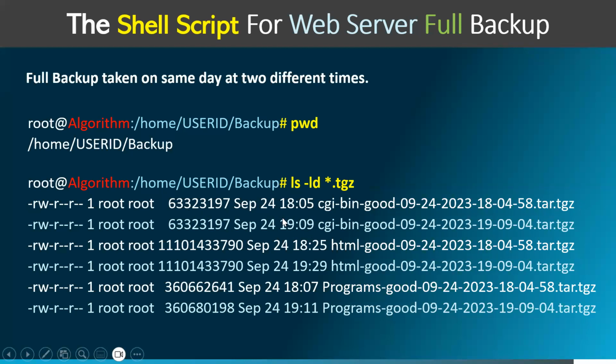The 6:05 for the cgi-bin, you can see it's the same size as the 7:09. The size is exactly the same, because I did not make any modification to any directories. And the HTML, the same thing. At 6:25 when it finished versus 7:29, it is exactly the same size.